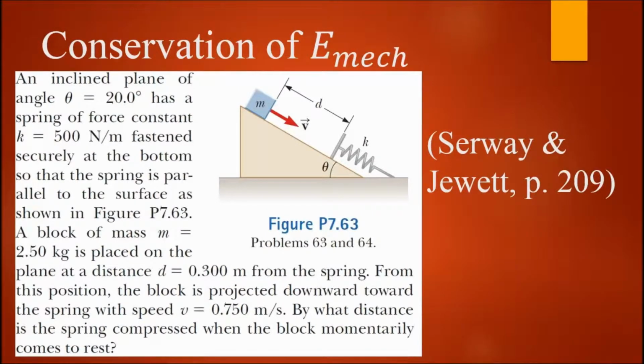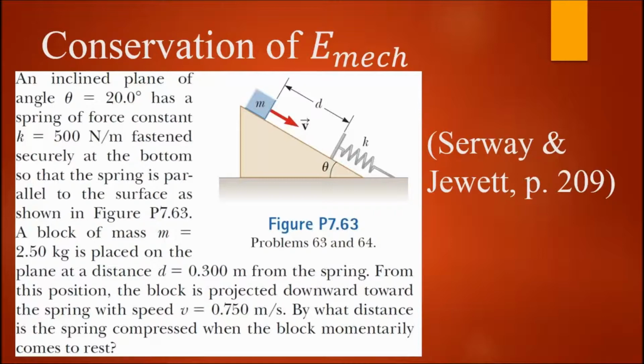So let's look at another example. An inclined plane of angle theta equal to 20.0 degrees has a spring of force constant k equal to 500 newtons per meter fastened securely at the bottom so that the spring is parallel to the surface. A block of mass m equal to 2.50 kilograms is placed on the plane at a distance d equal to 0.300 meters from the spring.